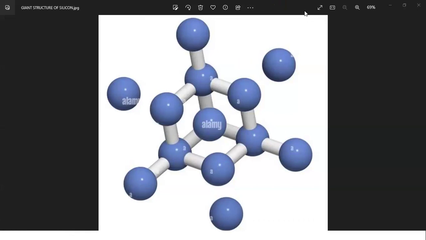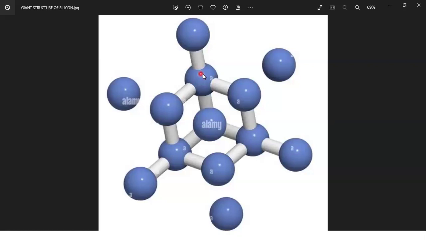Great. So in this picture, when you look at this, each corner, take it to be a silicon atom. Let us take this one to be a silicon atom. Hope you can see that spotlight, that red.